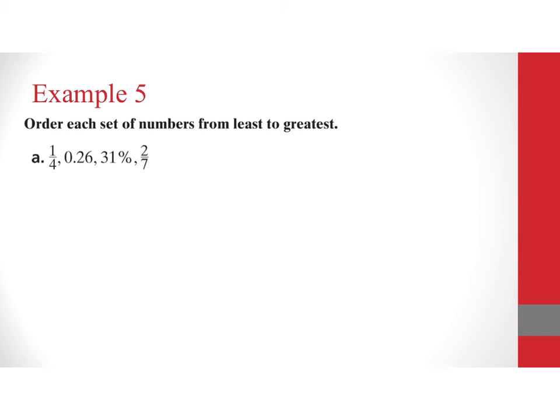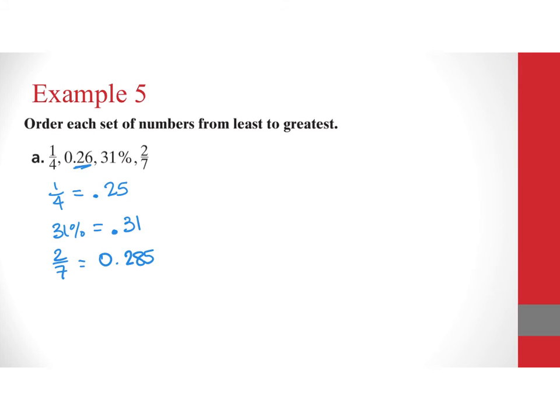Okay, at this point in time, I'm going to take my 1/4 and rewrite this as a decimal, and this is going to be 0.25. We're given 0.26. Then we also have 31%. So 31% is really equal to 0.31. And 2/7, if I divide that out, 2/7 is roughly 0.285. And I'm going to round that.